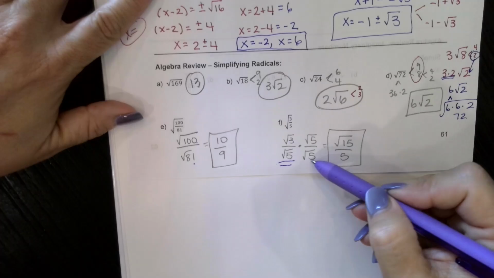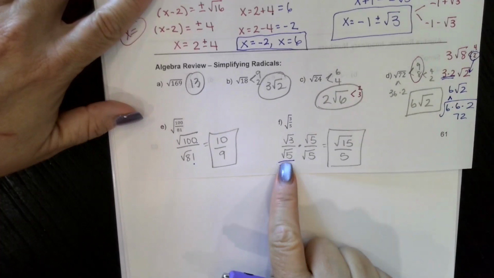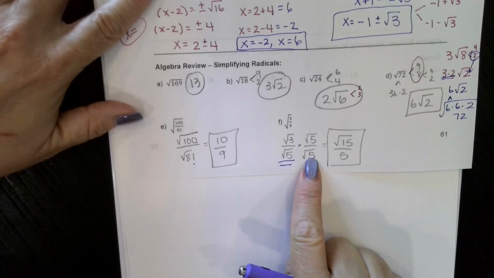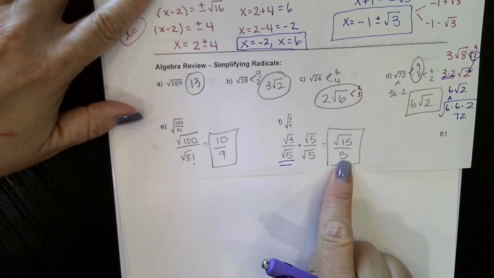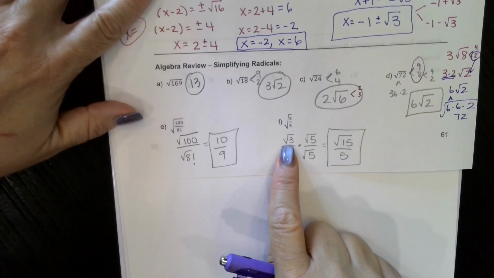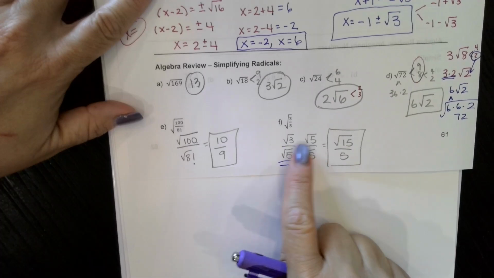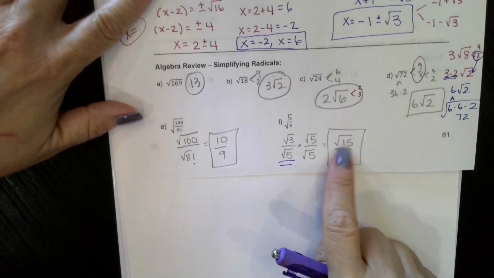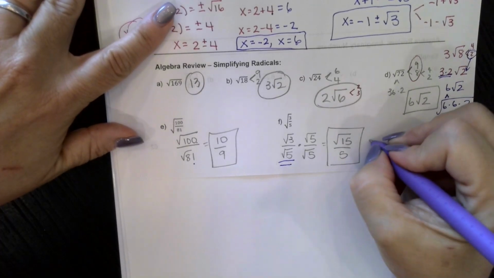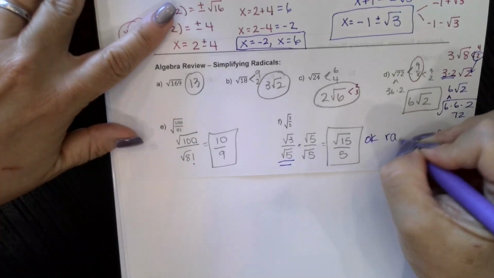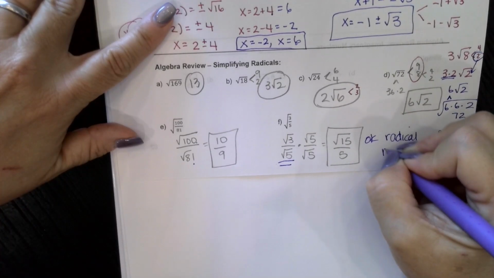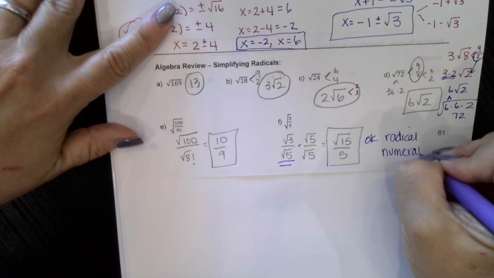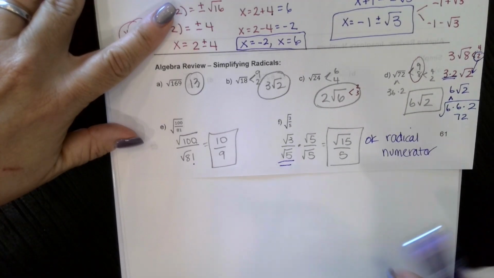Whatever I do to the bottom, I have to do to the top. So the square root of 5 times the square root of 5 equals 5. Up on the top, I have the square root of 3 times the square root of 5. I keep that underneath the radical, and I get the square root of 15. Now 15 doesn't simplify. So it's okay to have a radical in the numerator. We don't want a radical in the denominator.